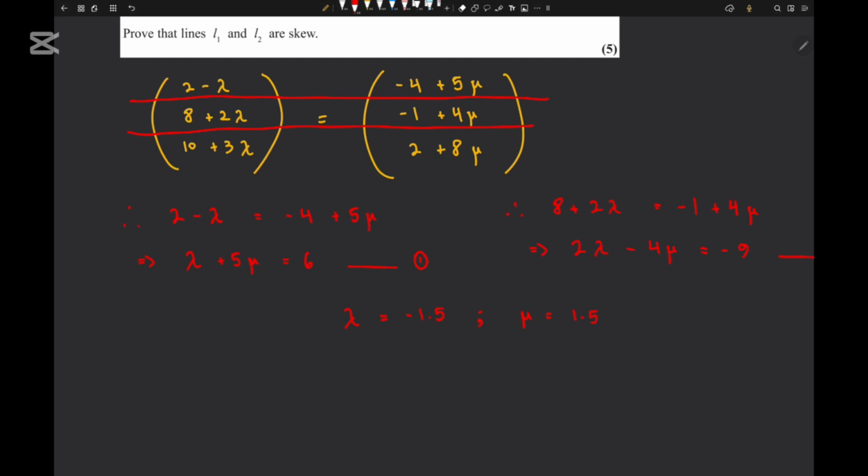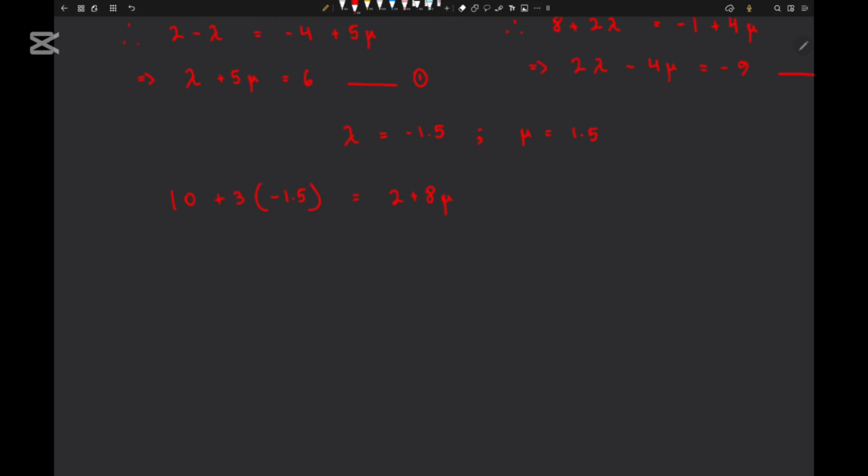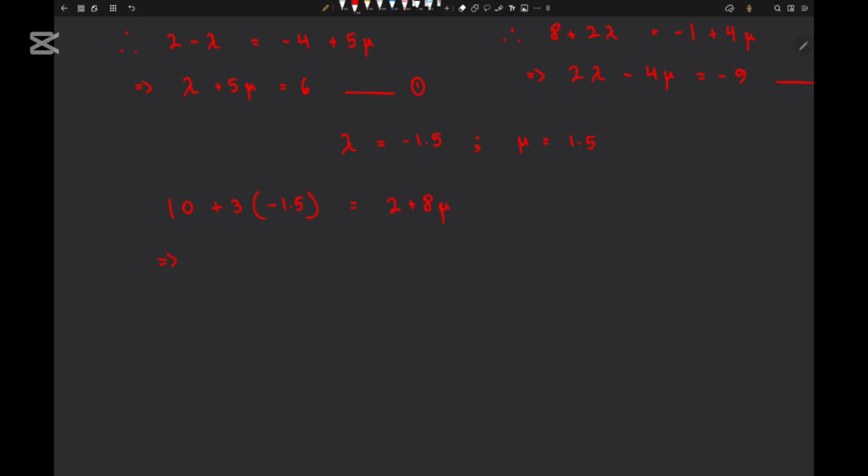Now moving on to the third pair of values, which is the last one. Let's say that I want to substitute the value of lambda into this equation. I should get the same value of mu if these two lines do intersect each other. So if I substitute the value of lambda into this equation, which is minus 1.5 equals 2 plus 8 mu, I should get the value of mu to be 1.5.